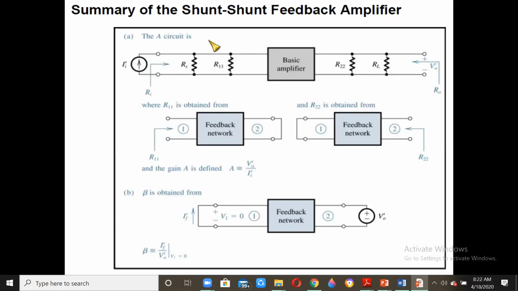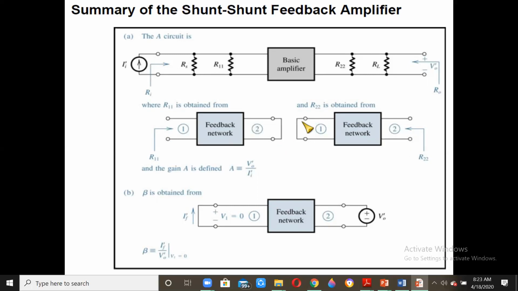So thus the amplifier circuit is this over here. The input side is RS in parallel with R11, and the output side is R22 in parallel with RL, and this is the basic transresistance amplifier. Then for the feedback, R11 is obtained from the feedback resistance with the output shorted over here.